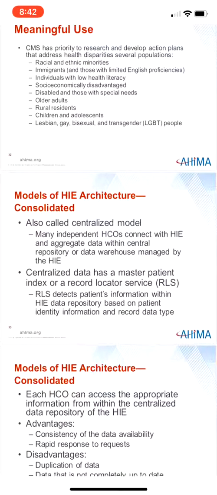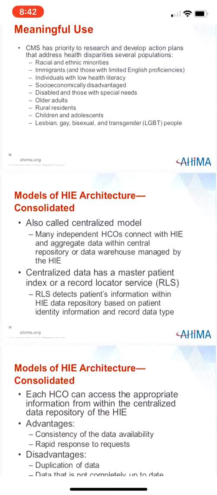This model of HIE was typical of the early years of HIEs. Many independent healthcare organizations connected with the HIE, and aggregate data was stored and shared within a central repository managed by the HIE. The centralized data has a master patient index or a record locator service, an RLS.